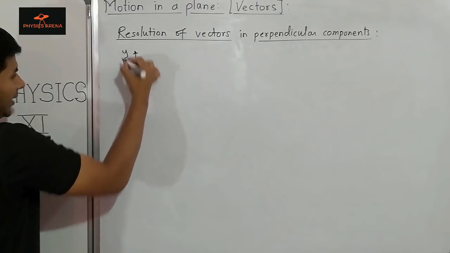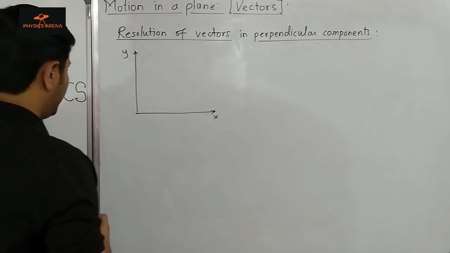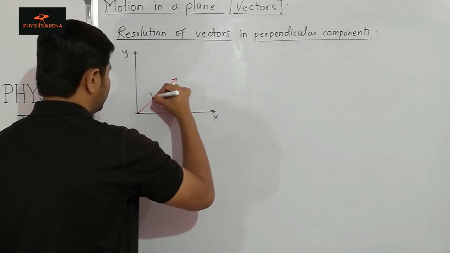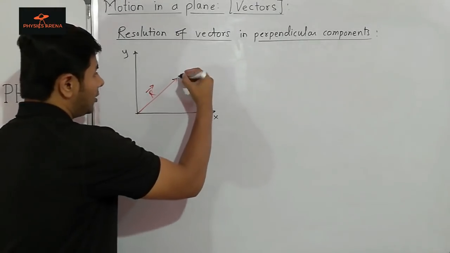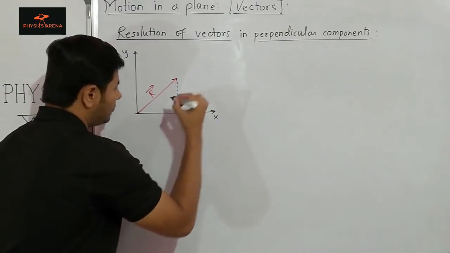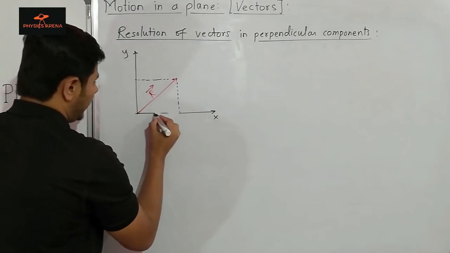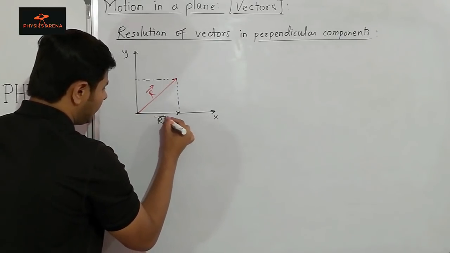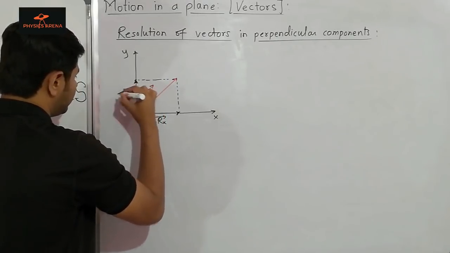So this is my y-axis and this is x-axis, and suppose I have this vector r bar. I will draw perpendiculars from this point, and I will call this vector rx bar and this vector ry bar.